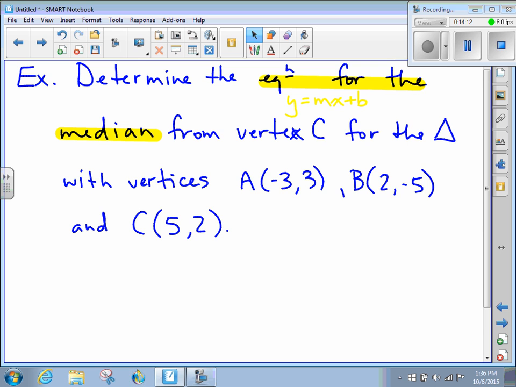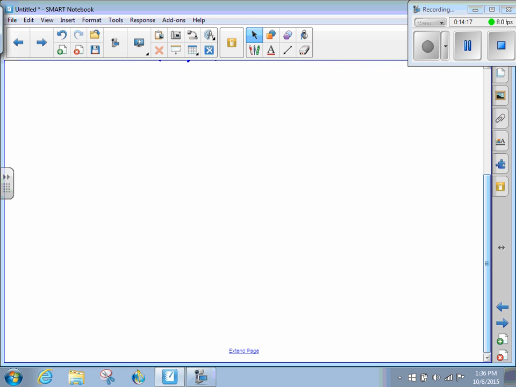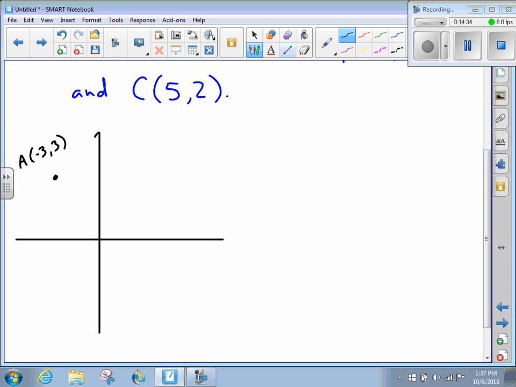Okay, so let's draw what this looks like. Real quick sketch. -3 at 3 is going to be there. 5 at 2 is going to be a little bit lower over there. And then 2 at -5.